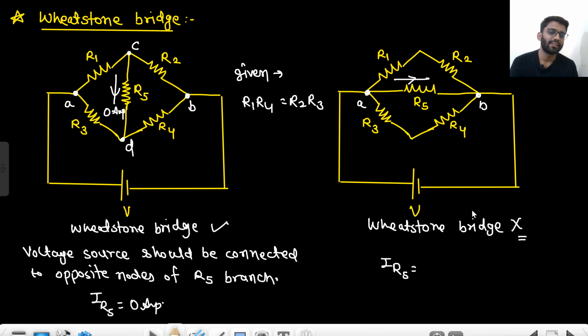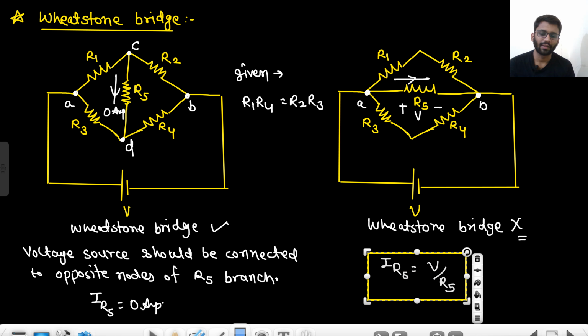Between A and B, how much potential is there? V volt. And in what direction? In this direction. So if R5 resistance is having V volt, what will be the current? V by R5. Right? V by R5 current in this direction from high to low potential. So it is having V by R5 current, that is not equal to 0.